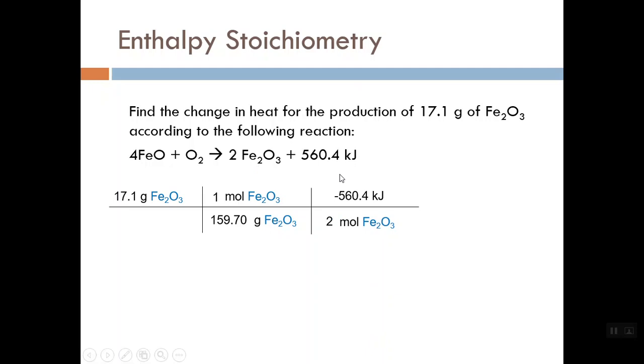Now notice that I put a negative number in there, again, because if I were to write this separately, delta H is equal to negative 560.4, meaning that energy is being released. Okay, so our like units cancel out, multiply, divide, and we get a total of negative 30.0 kilojoules. So that means that 30.0 kilojoules is being released for 17.1 grams of iron 3 oxide.